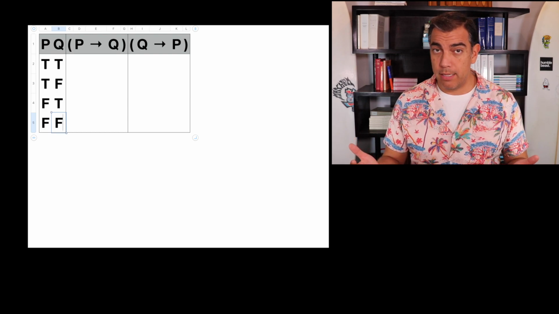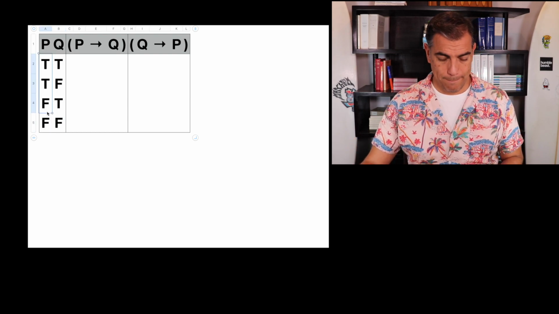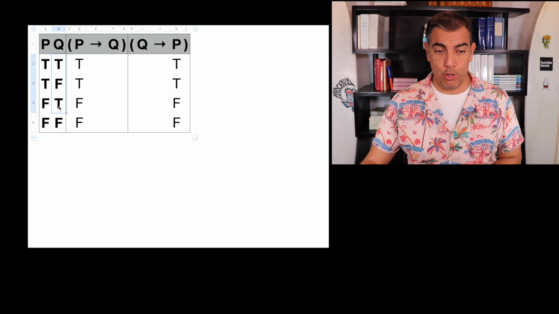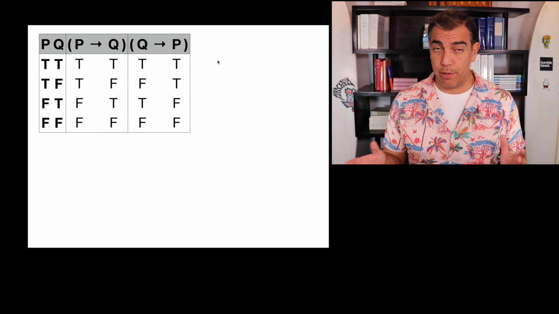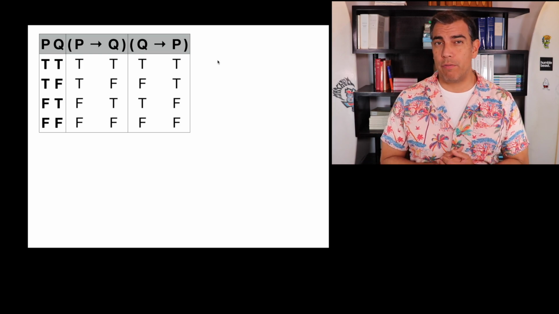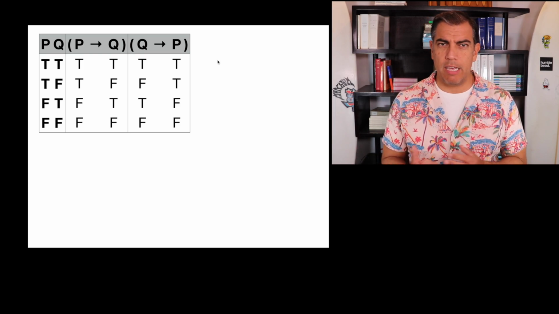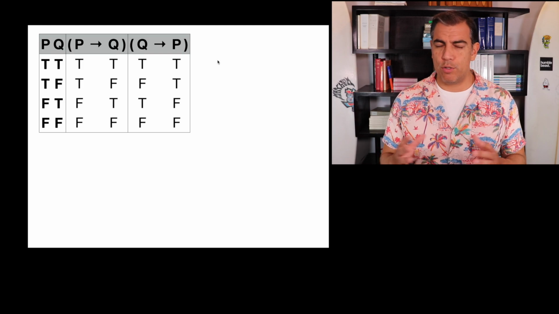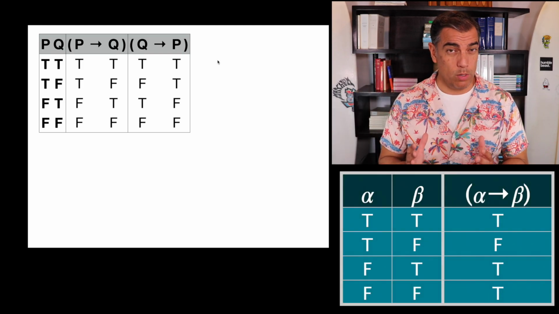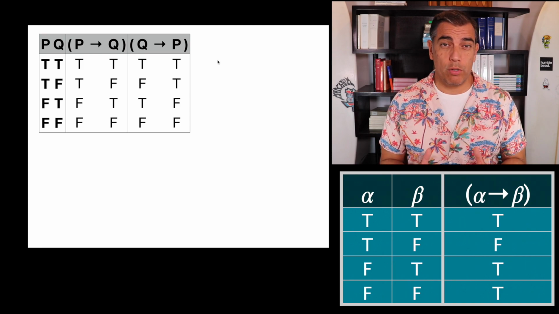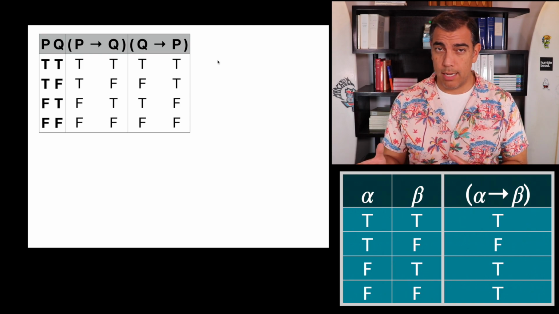Now we're going to copy and paste. Here goes P. And now Q. So now I have 2 different complex propositions here that I'm going to have to determine the truth value for. These are actually going to be pretty easy. If P then Q and if Q then P, those are both conditionals. So I'm just going to have to look at the rules for conditionals. And I see, once again, the only time these are false is when the antecedent is true and the consequent is false.